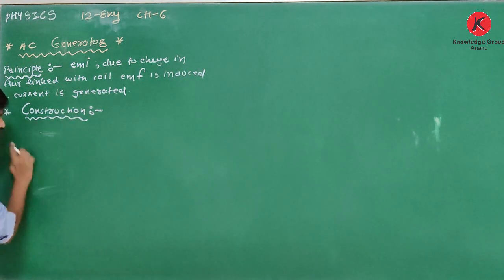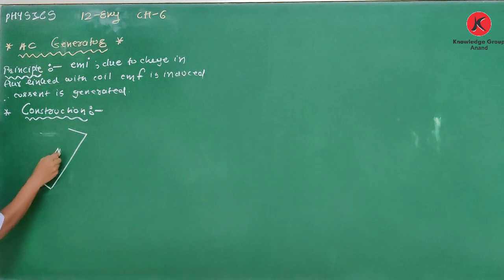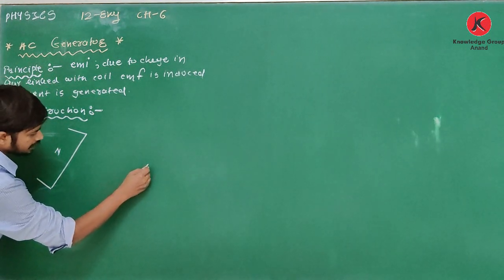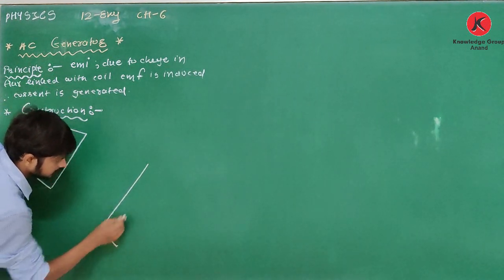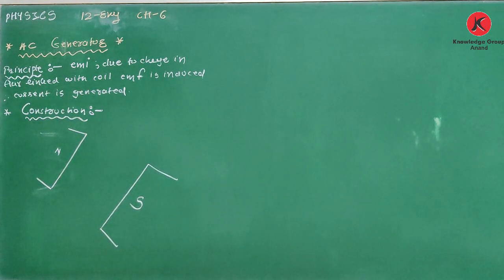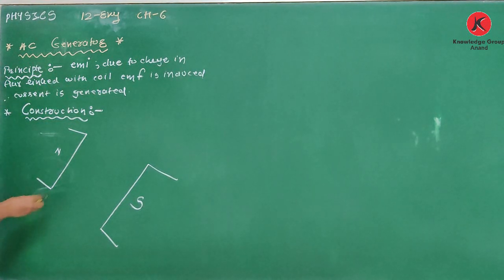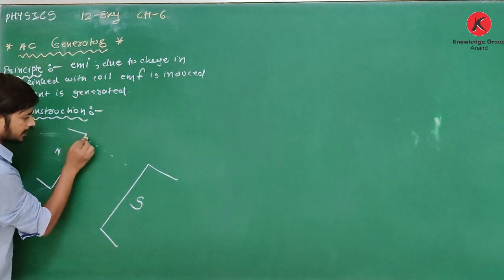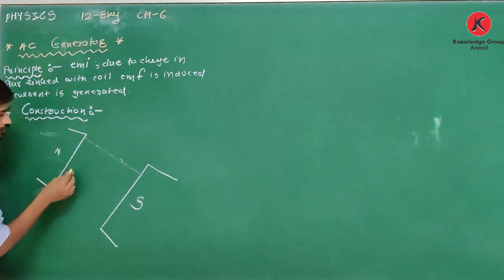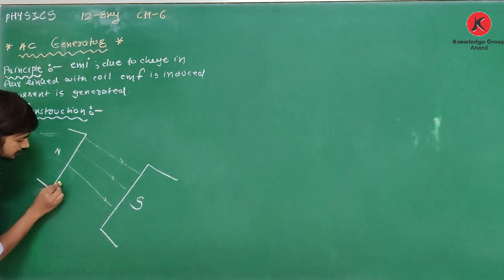Like this, here it is North Pole and here it is South Pole. Due to this North and South Pole, a uniform magnetic field is produced in this region.